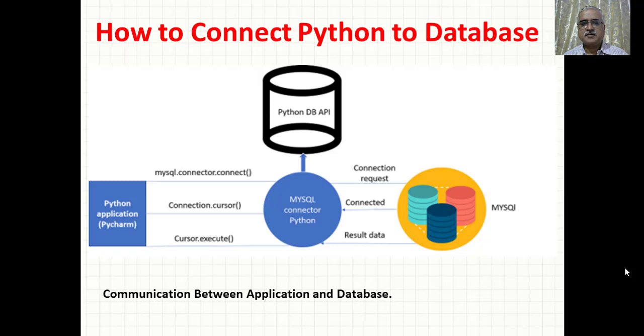It receives four parameters: host, user, password, and database. Once it is connected, the database will send a connected signal. Then we have to establish a cursor between the application and the database. That is done by cursor. And finally we will execute the SQL statement by using the execute method. We will discuss all these three functions in different slides.